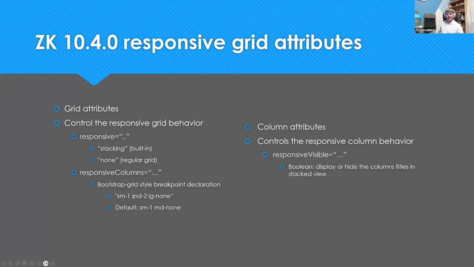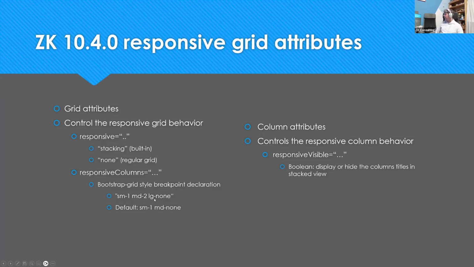So in this case, if you're familiar with bootstrap grid, you just use those values to indicate at small size, I want a column split of 1. At medium size, I want a split of 2. At large size, I don't want any split. The default value for the ZK stacking is going to be 1 at small and nothing at medium or larger.